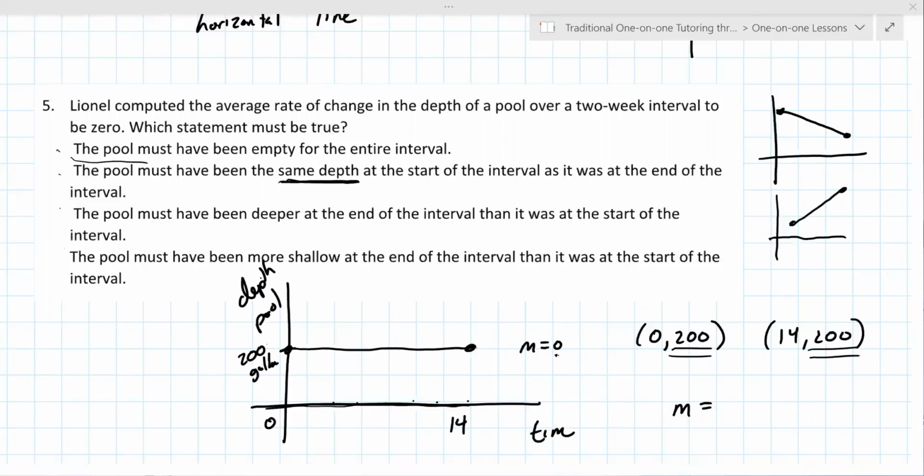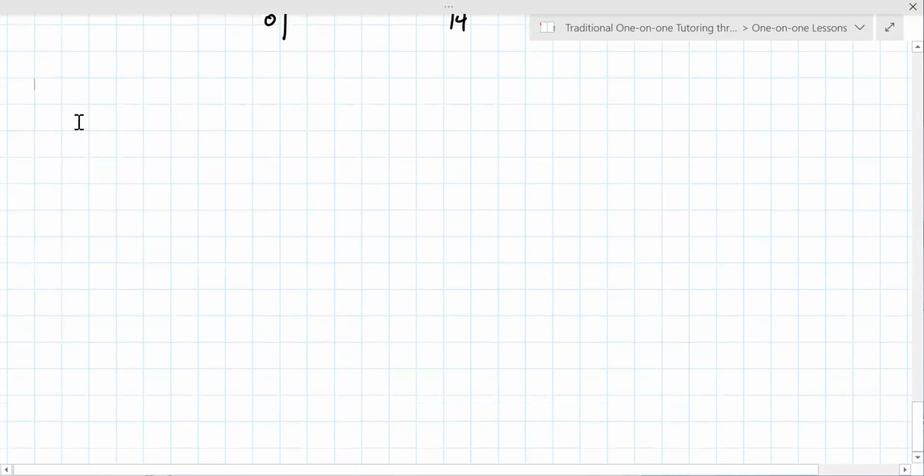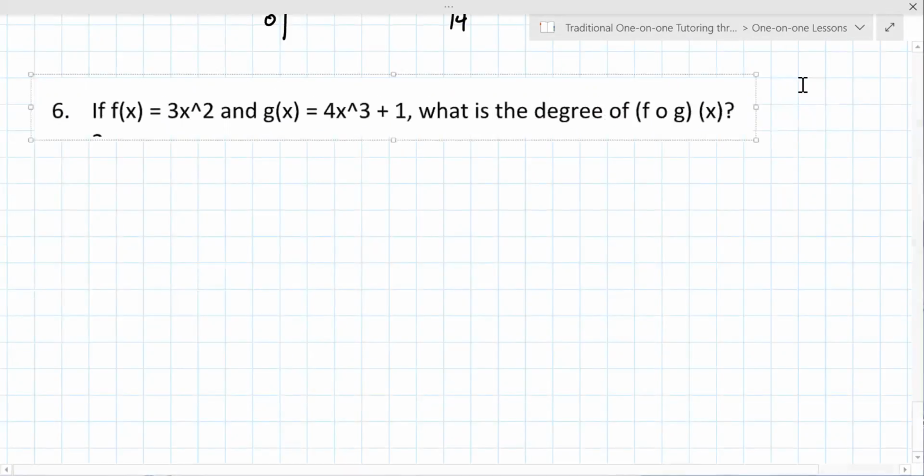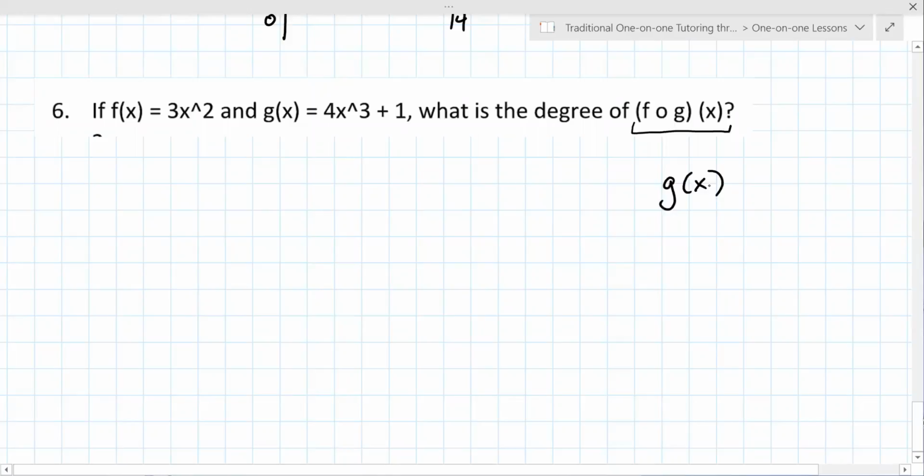All right, question 6. What does this notation on the right indicate? Do you recall from an earlier problem? Yes, that indicates that G is going to go into F. G of X goes into F of X. Yeah.